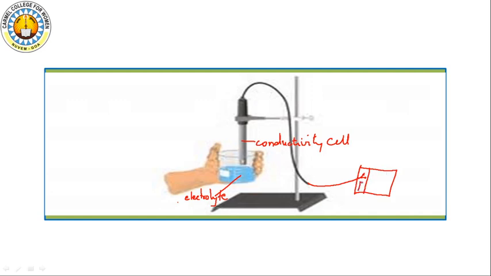It will give you the readings directly on this. So this is how we find out the conductance. We dip the cell in the electrolytic solution which contains the ions, and depending upon how many ions are present in this solution, you will get your conductance value. Higher the number of ions, higher will be the conductance value.